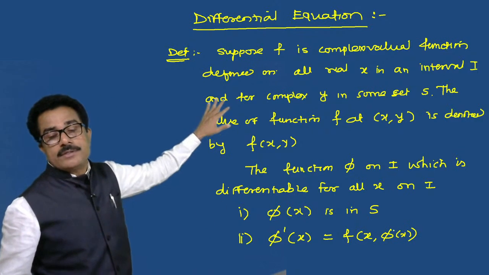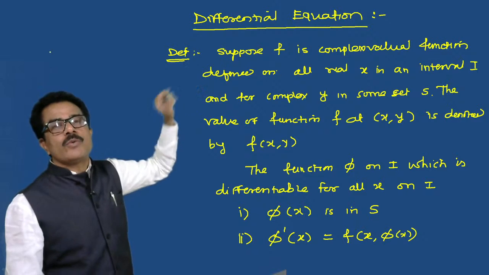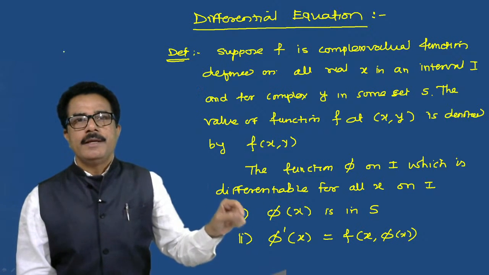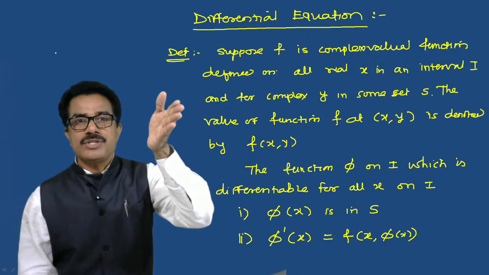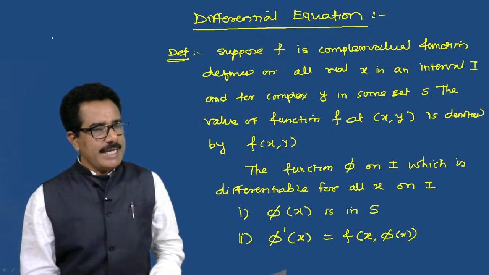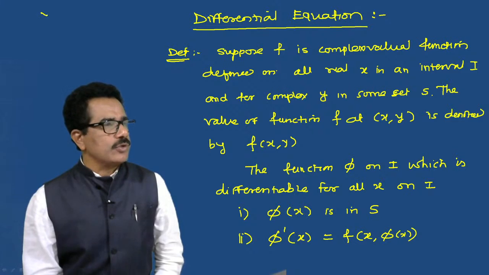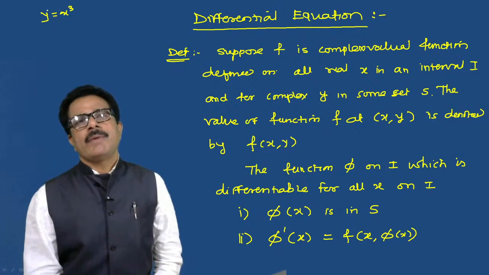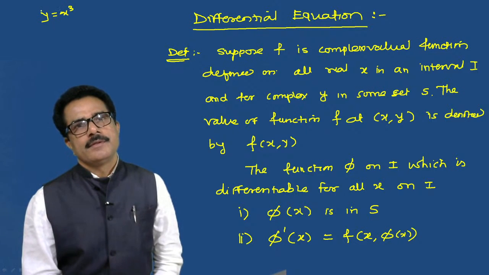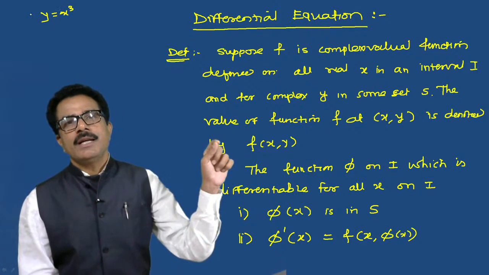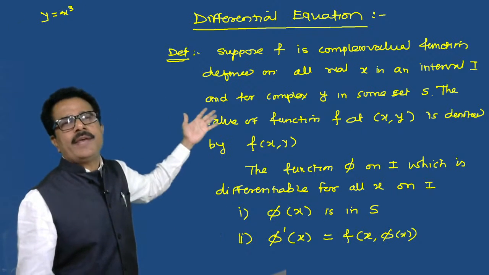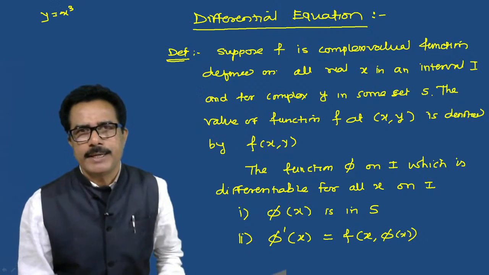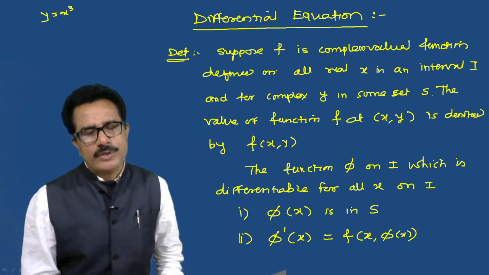देखो मैंने जो भी एग्जाम्पल बताया दिया था ना, suppose y is equal to x cube, then we consider the function which is differentiable, y is equal to x cube. Suppose this is a complex valued function in the interval, suppose I, and it is differentiable for all values of x. x च्या कुठल्याही व्हॅल्यूला differentiable आहे. Okay.